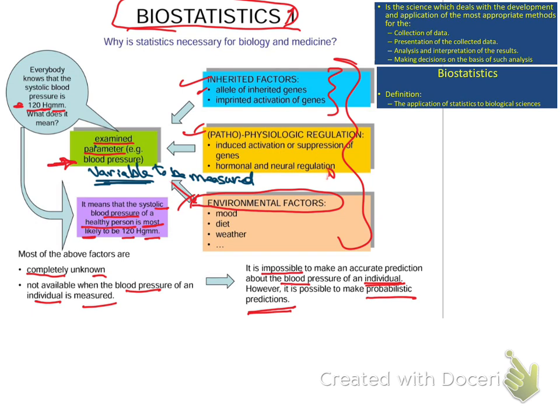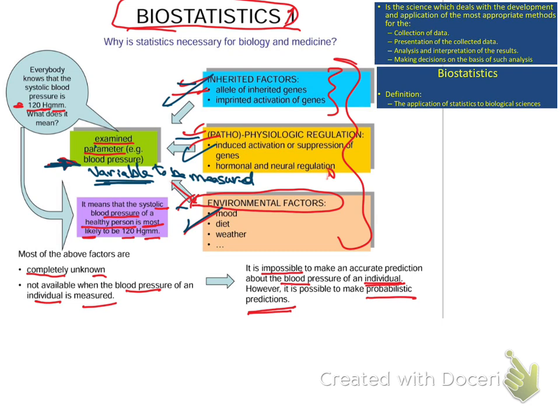So this is the dependent variable, depending on other parameters. Okay? The variable which we are measuring is dependent on these independent parameters, which are inherited, physiological, or environmental.